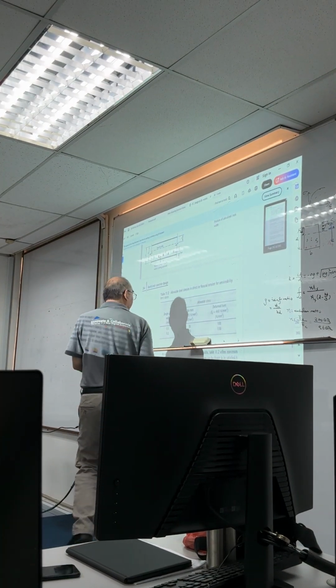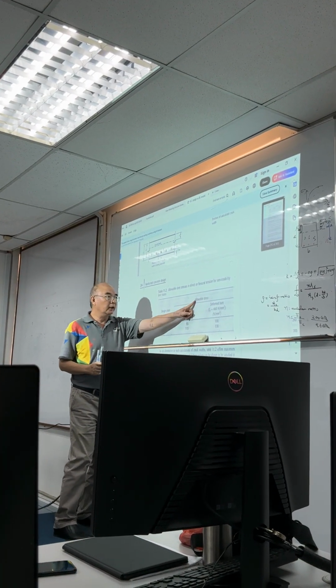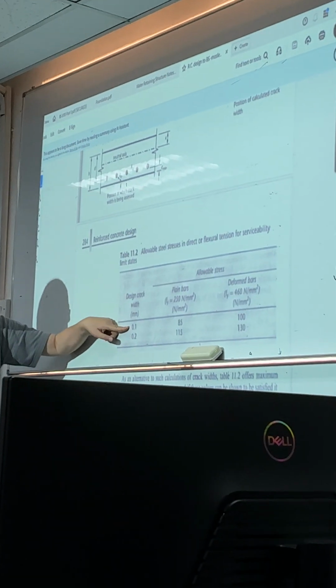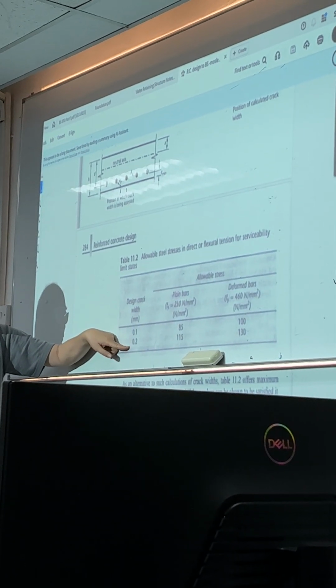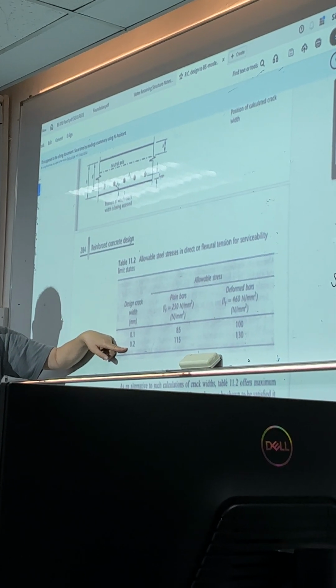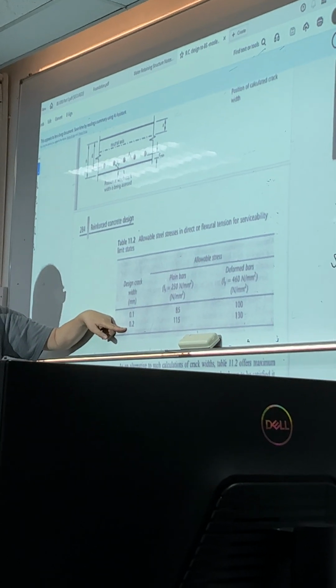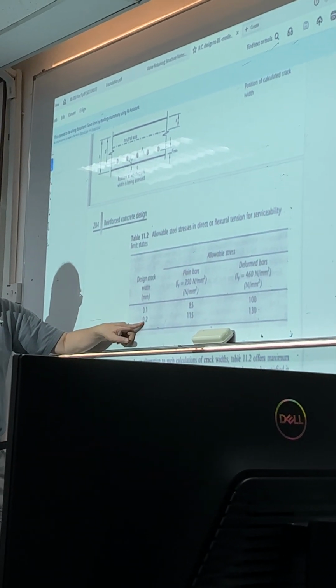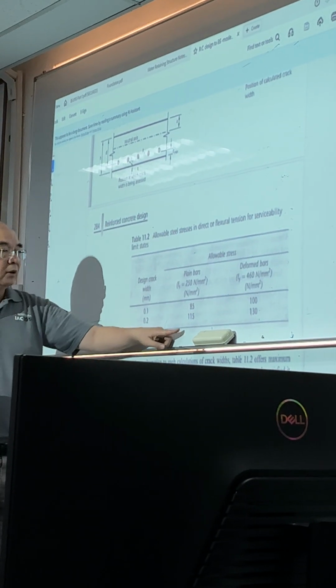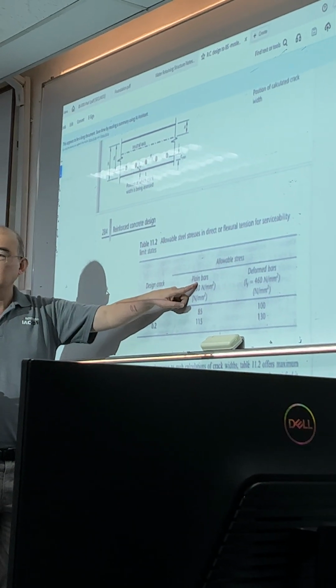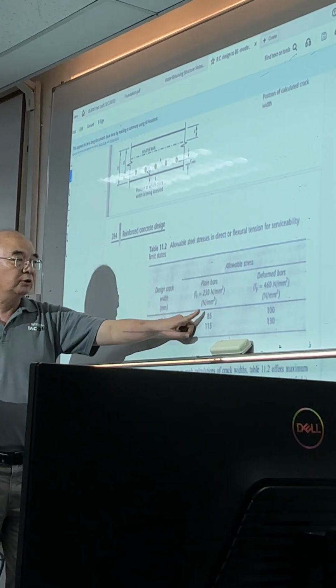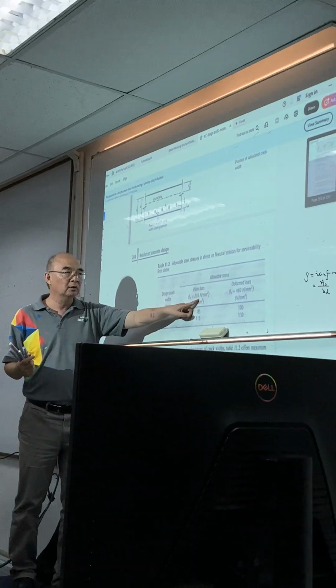So the allowable stress depends on whether you are controlling the crack width to 0.1 or 0.2. Just now, the aesthetics is not important, so you will look at 0.2. This is plain bars, which is mild steel, Fy equal to 250.